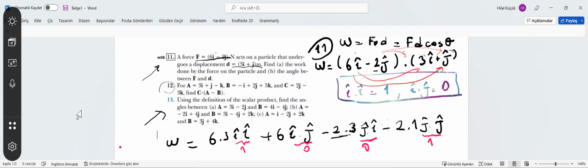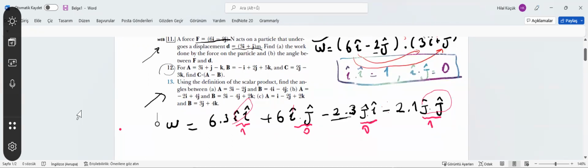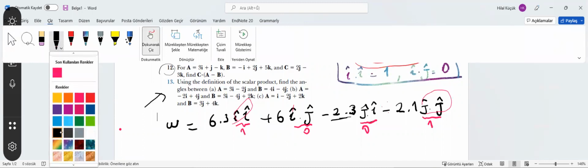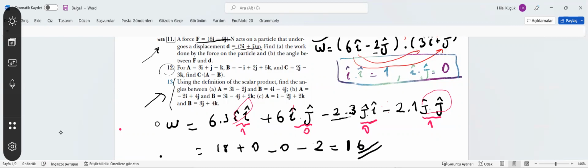It will give 1. Same unit gives 1, different unit gives 0. Now we can continue our calculation. This part is 18 plus 0 minus 0 minus 2 multiply 1, which is 2, and the result will be 6. You will do the same thing here.